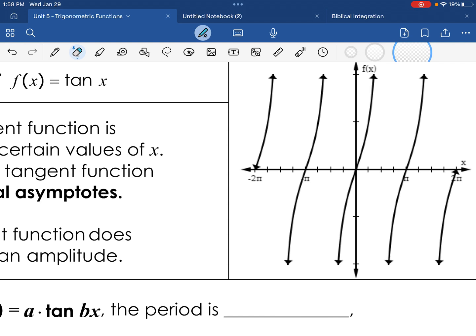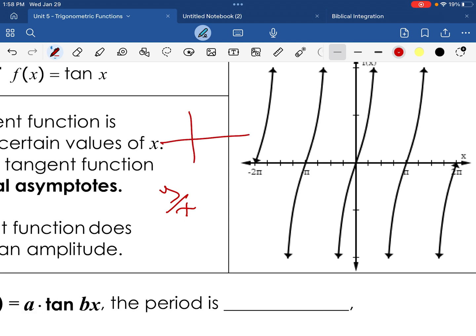And that makes sense because if tangent is y divided by x on the unit circle, well, we know there's going to be points where y is 0. For instance, on the unit circle right here, x is 1 and y is 0. You get 0 divided by 1, which is 0. And that's why at 0, it's 0.